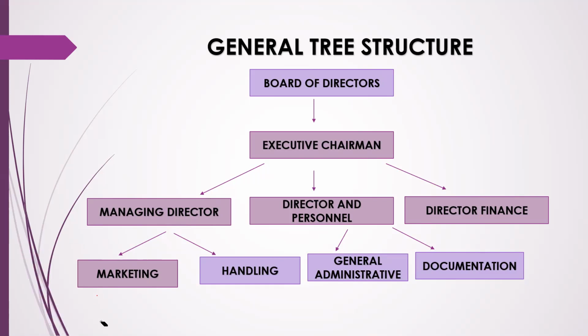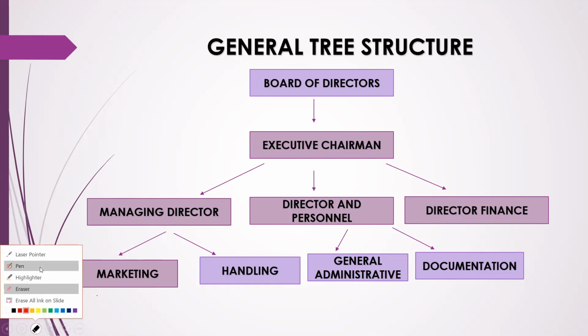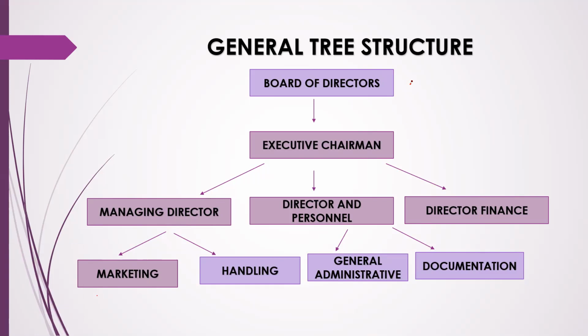And executive chairman has 3 children, so it is 3. Managing director's degree is 2 because it has 2 children, marketing and handling. Director of personnel has degree 2 because it has 2 children, that is general administrative and documentation. Director of finance has no children, so it is 0.